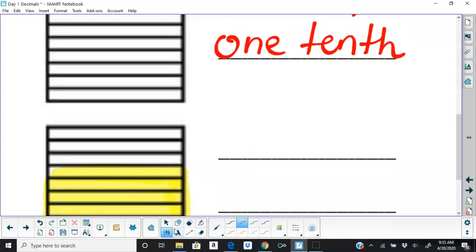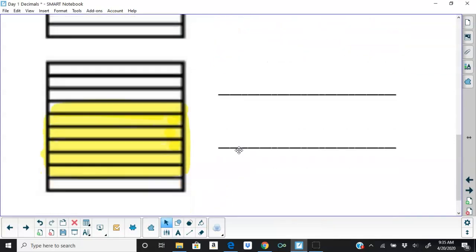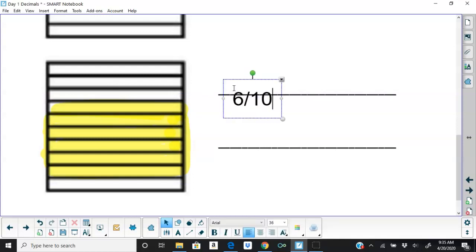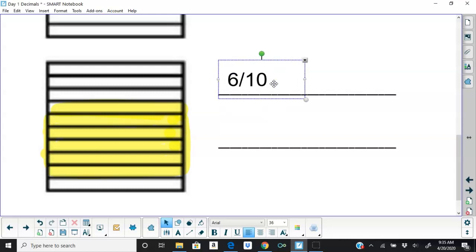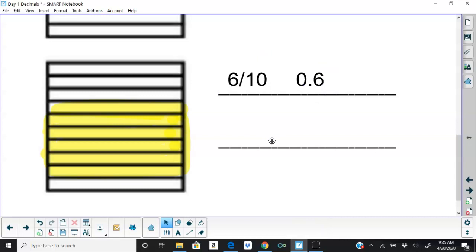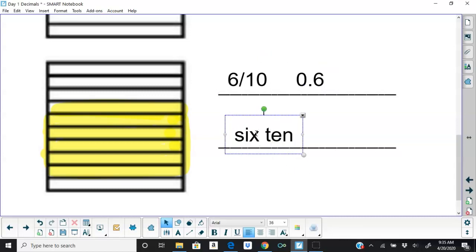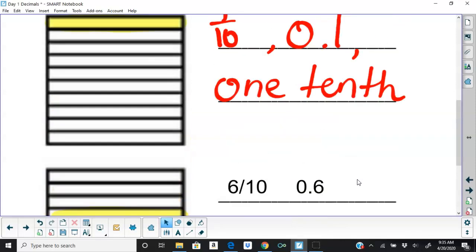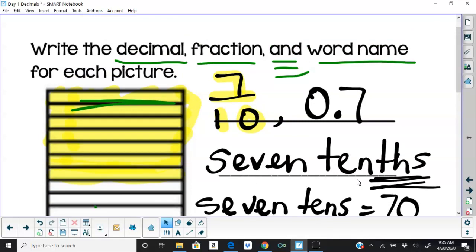And remember, when typing for the fraction, 1, 2, 3, 4, 5, 6, it's going to be slash to show your fraction, 6 tenths. 0.6, and then I would say 6 tenths. All right, so this is what your homework looks like. I believe there are 6 problems. Okay?